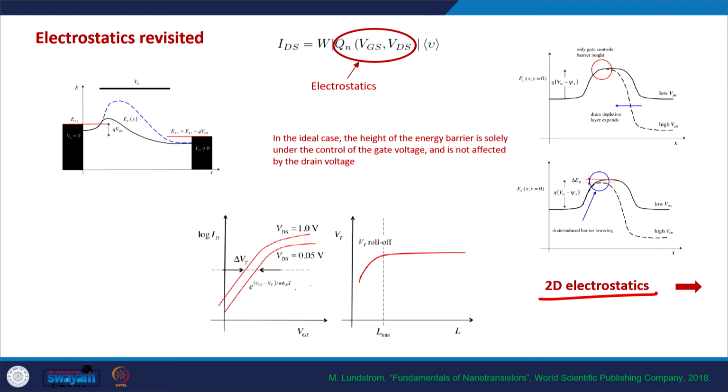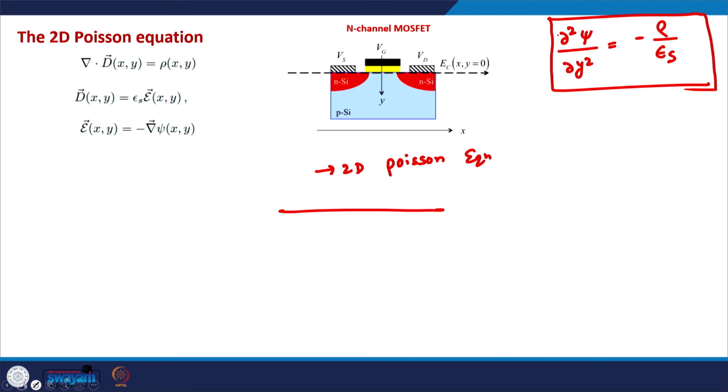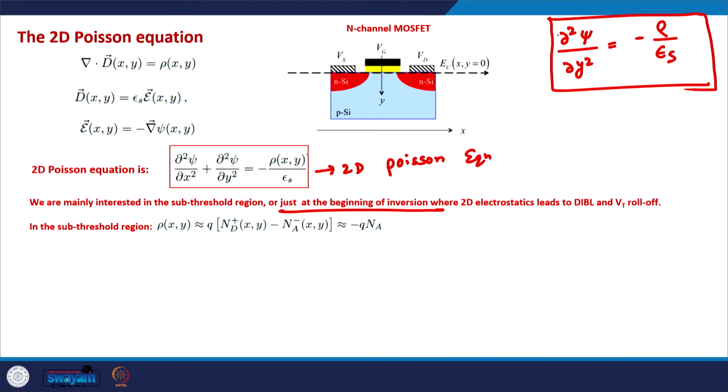So we see that the threshold voltage rolls off, which means that the voltage at which the channel is getting formed, the channel is getting inverted, is getting smaller, and the IV curve, the transconductance curve, ID versus VGS, is getting shifted to the left side, and this is prominently important around the threshold voltage. So just at the beginning of the inversion, what is the charge in the channel?